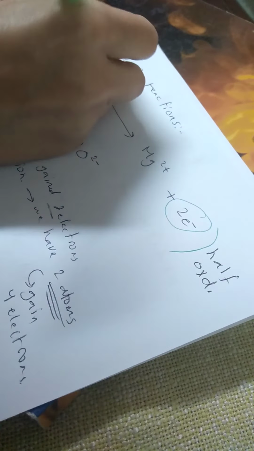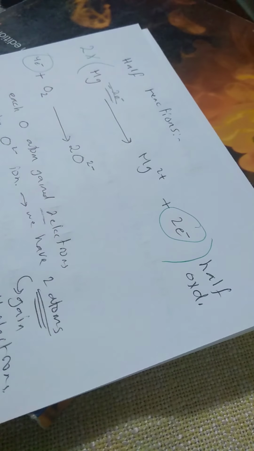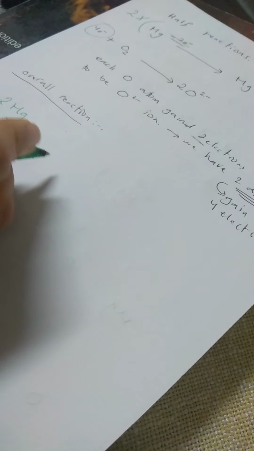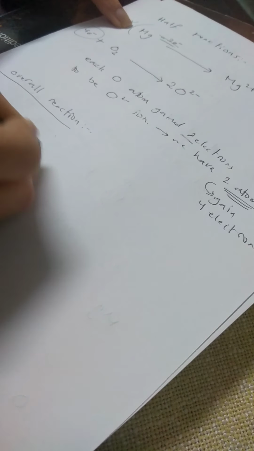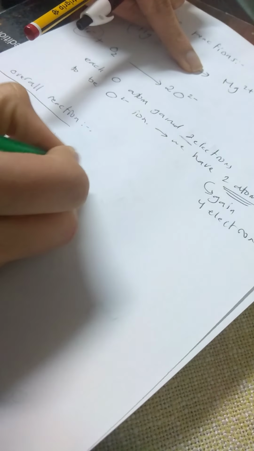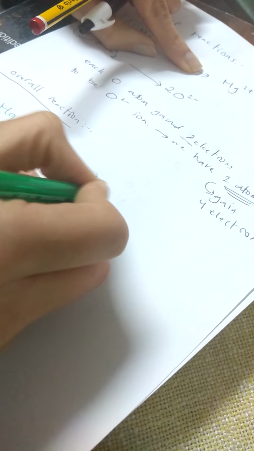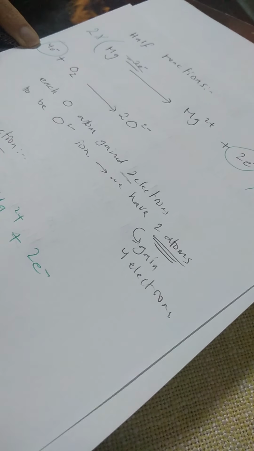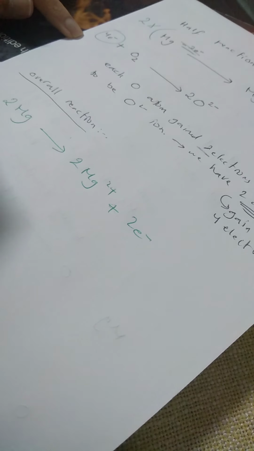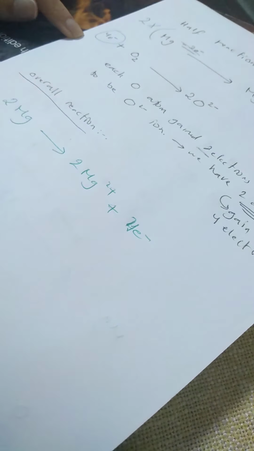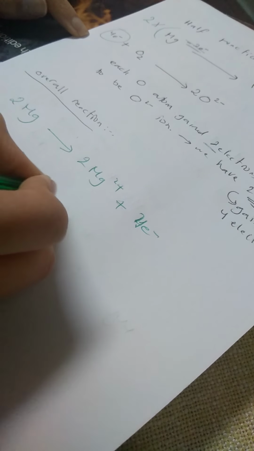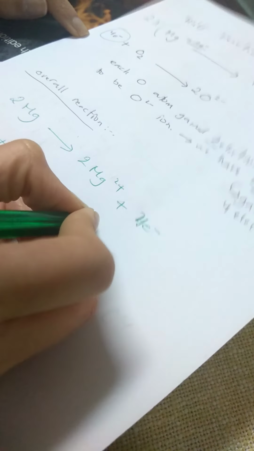So this one, we have to multiply by 2. If we multiply it by 2, then the reaction will be 2Mg gives 2Mg +2 plus 4 electrons. And this equation: O2 plus 4 electrons gives 2O negative 2.